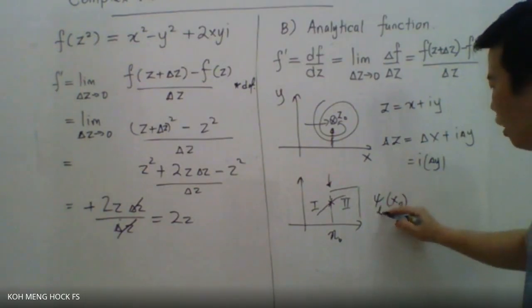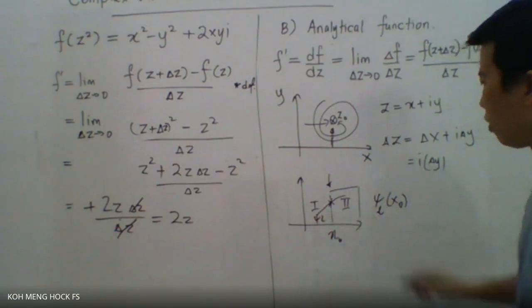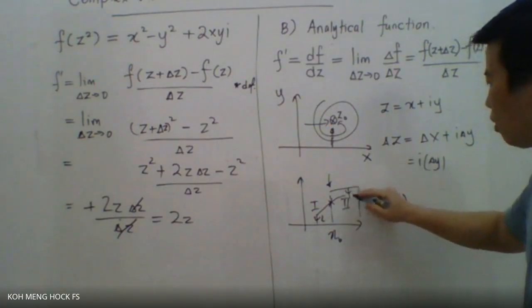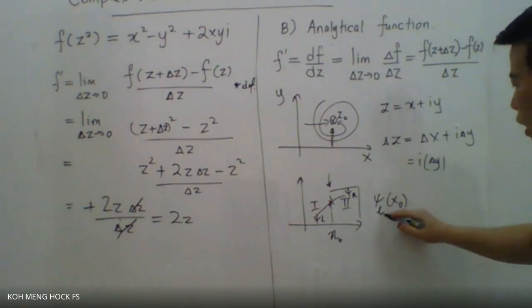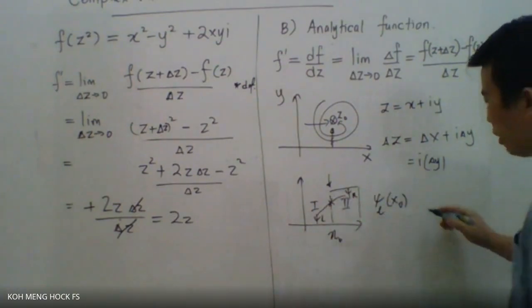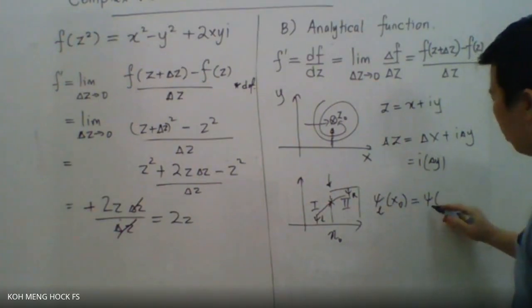This is from the left hand side. So this is my psi left, and this is my psi right. My psi coming from the left hand side must equal psi coming from the right hand side.